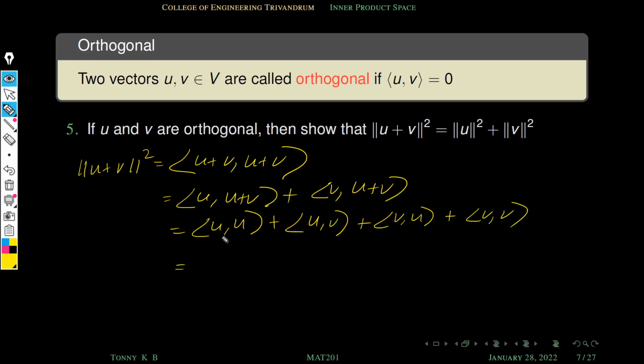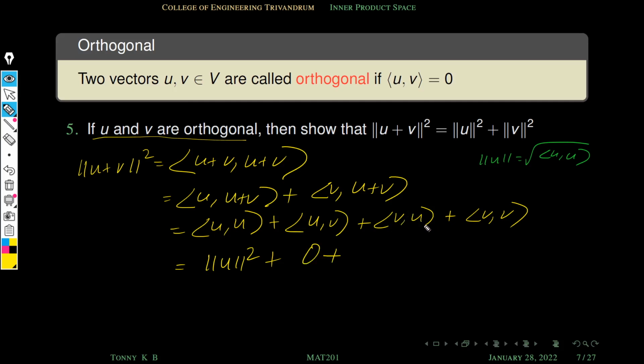Okay, and what about the inner product of u,u? We know that the square root of the inner product of u,u equals norm u, so this becomes norm u square. And what about the inner product of u,v? Our assumption is that u and v are orthogonal. Orthogonal means their inner product equals 0, right? So this term is 0.